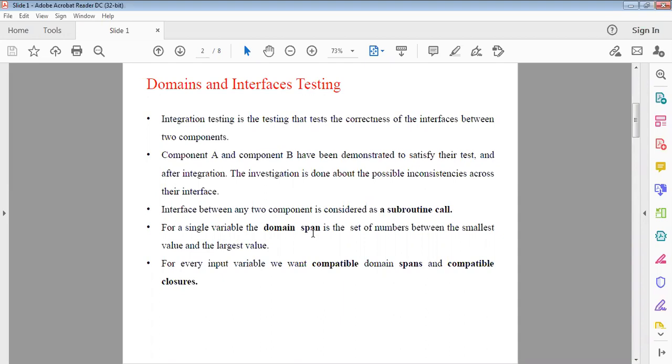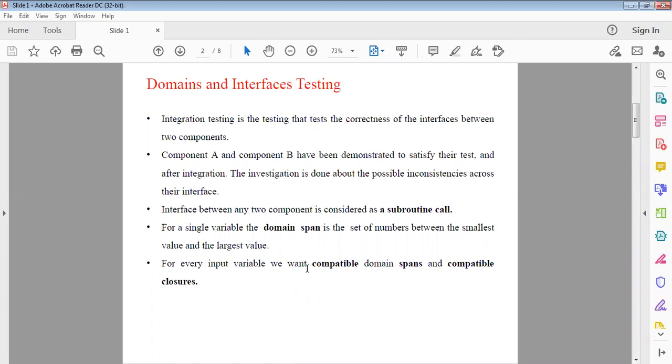While applying input variables, we have to check compatibility: whether the domain span compatibility and the closure compatibility are correct. These two, domain span and closure compatibility, have to be verified when you perform an interface between two domains. So domain and interface testing is performing a subroutine call, which is an interface between two domains or two components, and testing on that interface.